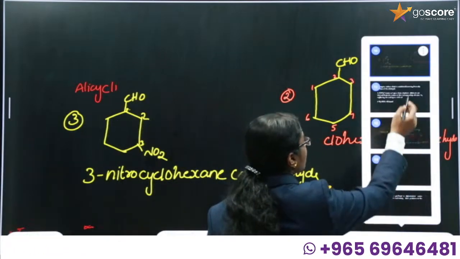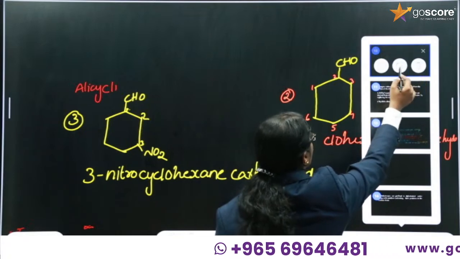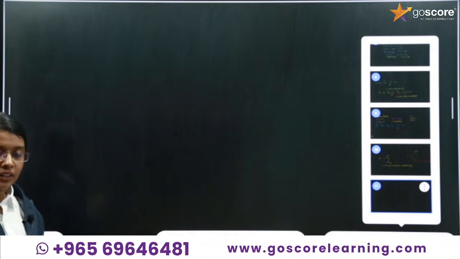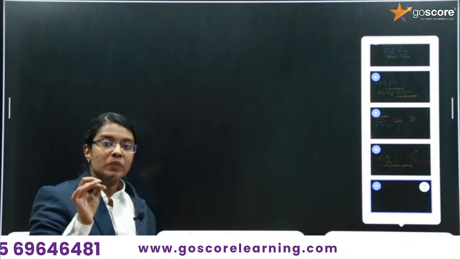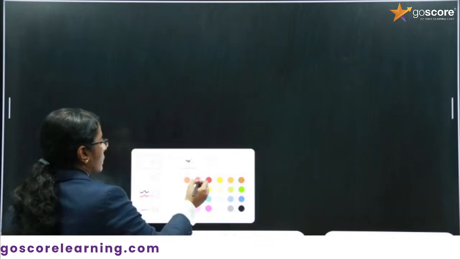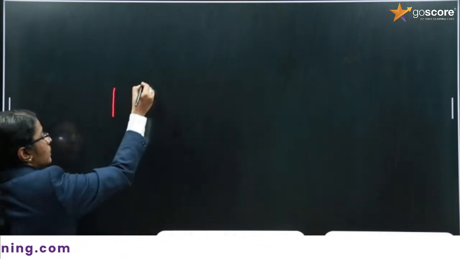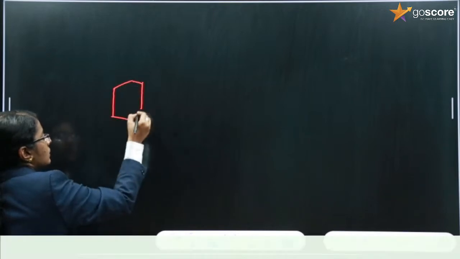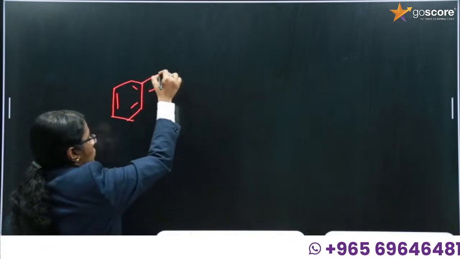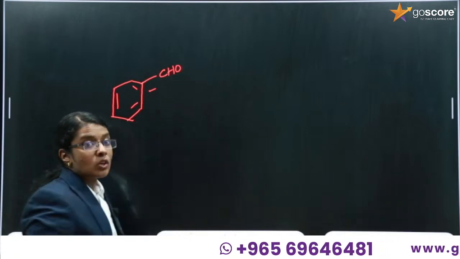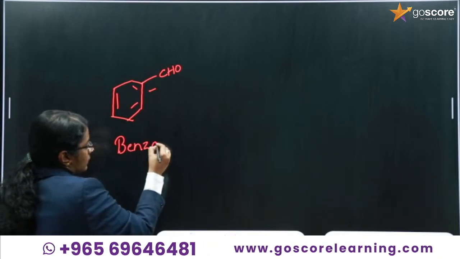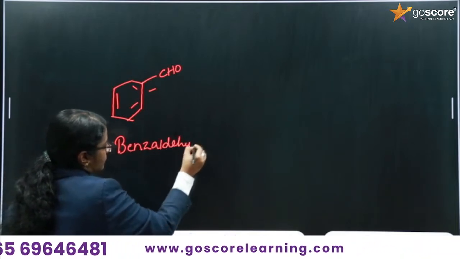Aromatic aldehydes: if the benzene ring is attached directly to the CHO group, it is called benzaldehyde.